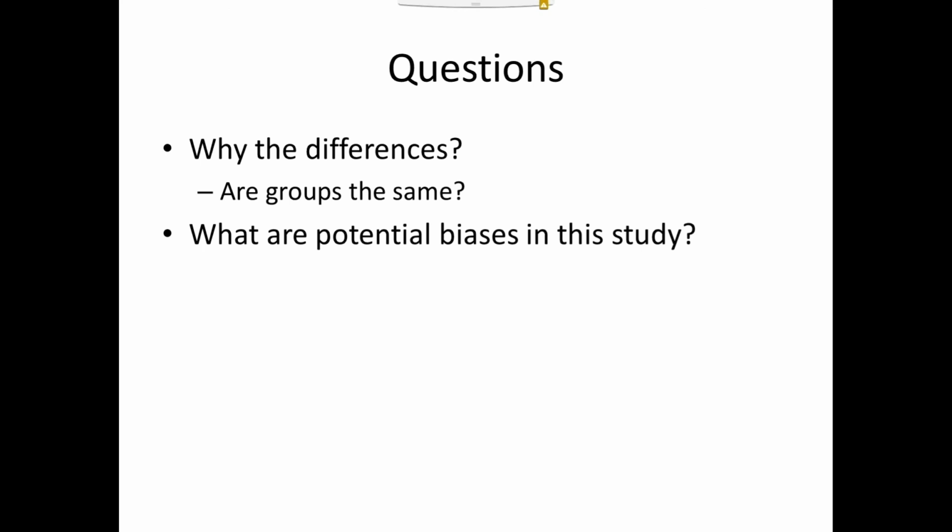And the other thing, what are the potential biases in this study? How were the patients selected? How was the test administered differently, knowing that the patient already endorsed some depressive symptomatology?